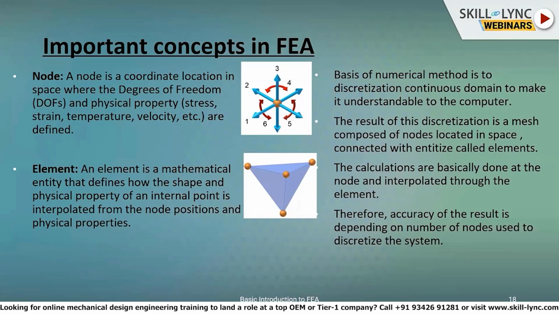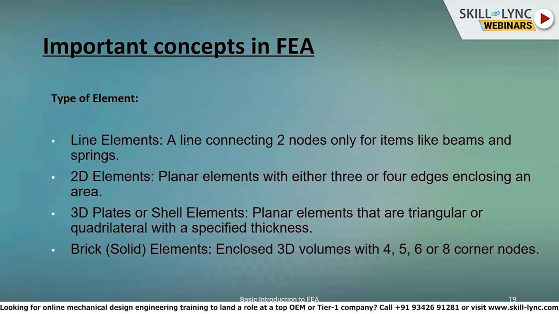Because with more nodes, you are going to capture the geometry more accurately and have more accurate results. Then these are the different types of elements like line element, 2D element and 3D elements. Line elements are nothing but the 1D elements like beam element, spring element. 2D elements are the planar elements.